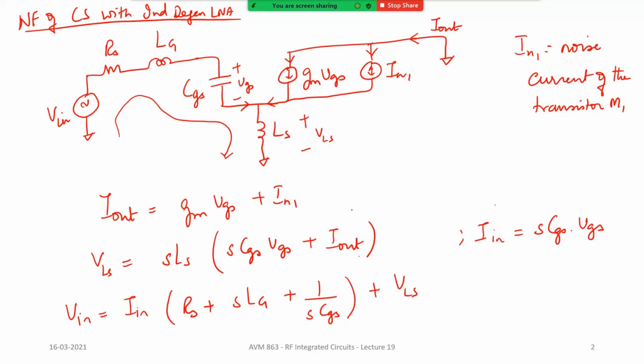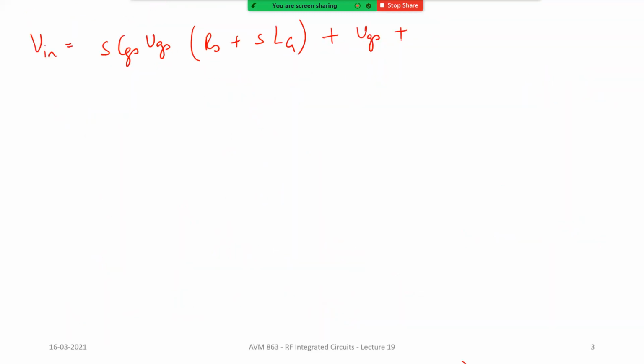Okay, let's write everything in terms of VGS. So this is plus VGS plus S times Ls into I out plus S VGS CGS. Okay. So now this is the full equation, right?